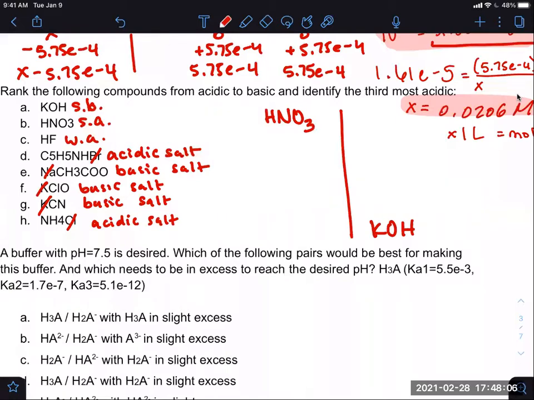So I'm just gonna put them in their respective sides. HF belongs on the acidic side. We have our acidic salts here, C5H5NH and HBr. I have my basic ones, Na.